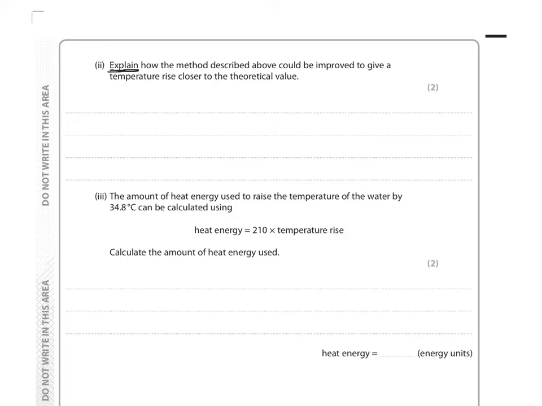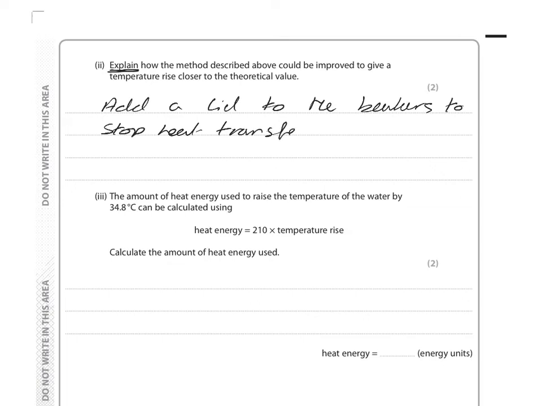So you could add a lid to the beaker to stop heat transferring to the air.